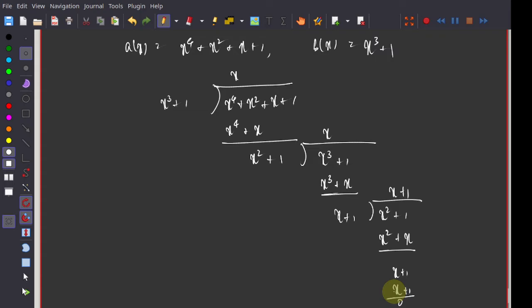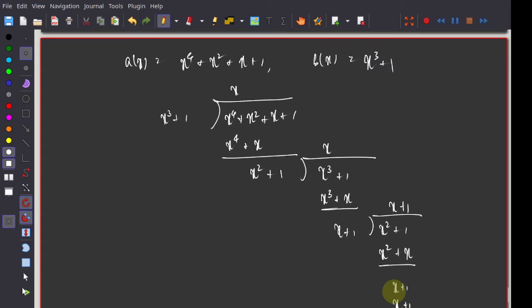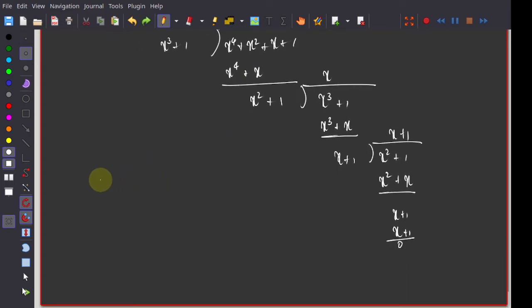So what is the GCD? It is x plus 1. So let's just do a sanity check. Does x plus 1 divide x cubed plus 1? x cubed plus 1 divided by x plus 1 is going to be x square plus x.